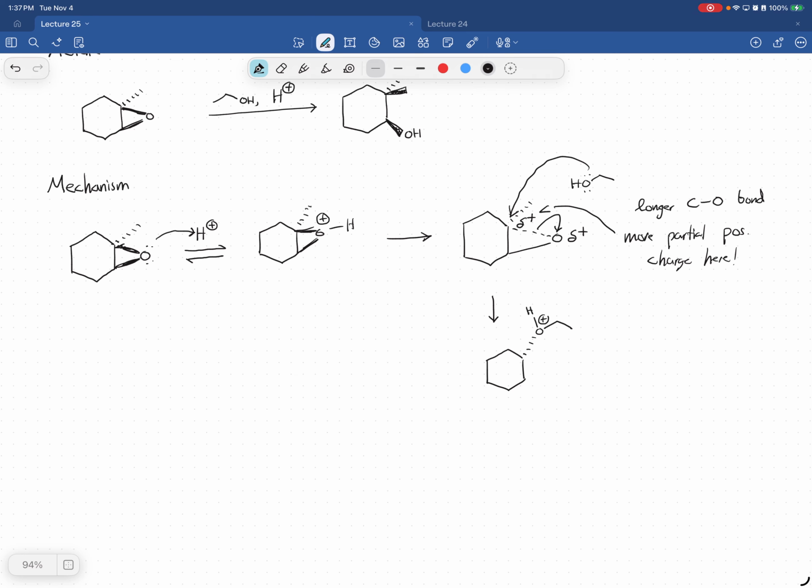So now we have attained the positive charge. The methyl group is sticking out, and we get this group here. All right, and the last step, another ethanol molecule will come around and pluck off this hydrogen, and then you have gotten to the final product here.